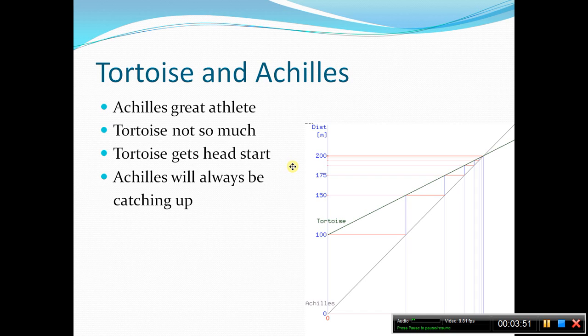So the tortoise does. Now, the paradox, as Zeno argues it, is that if Achilles is starting at the starting line and the tortoise is starting at the 50-meter line, by the time the tortoise moves to the 51st meter line, Achilles, let's say, will have taken the 25 meters. He'll be at the 25-meter line. But by the time the tortoise makes it to the 52nd, Achilles will have closed, again, half the distance between those two.